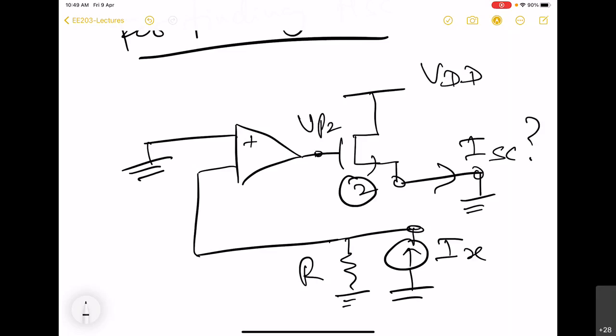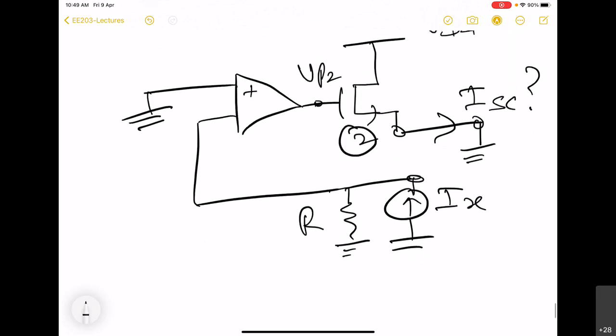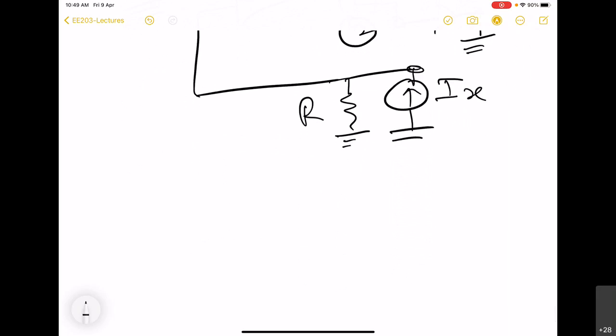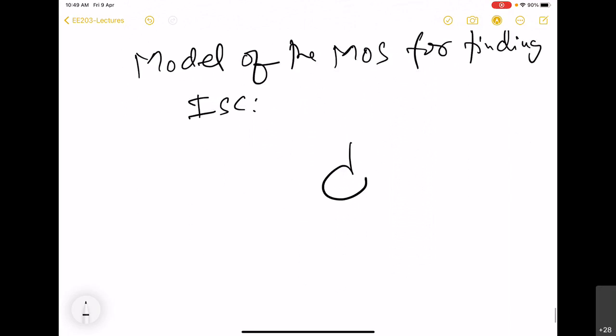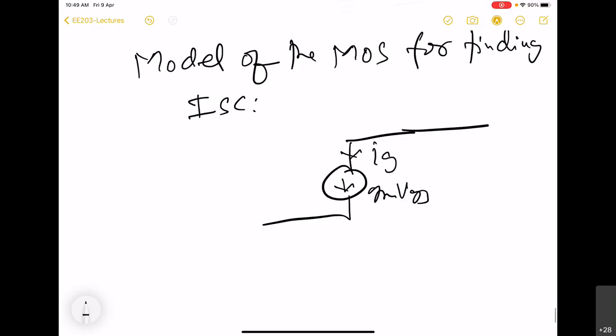So this is Vp2. So for finding the short circuit transfer function also, we draw the model of the MOS. So we have this IG, GM VGS, drain is short circuited.